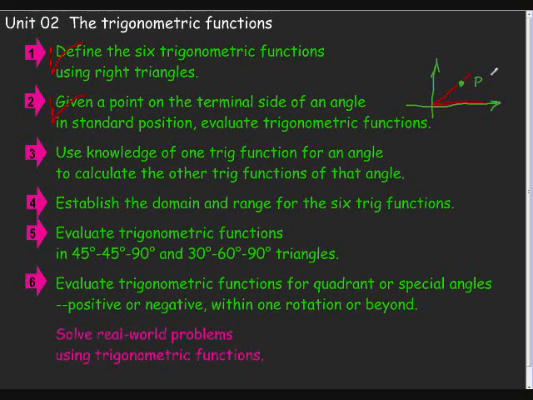Call it P. We know what its coordinates are, and with just that information, we're able to evaluate all the trig functions. So we covered a lot in that first section. Today, we're going to work on just using the knowledge of one trig function for an angle to calculate the other 5.